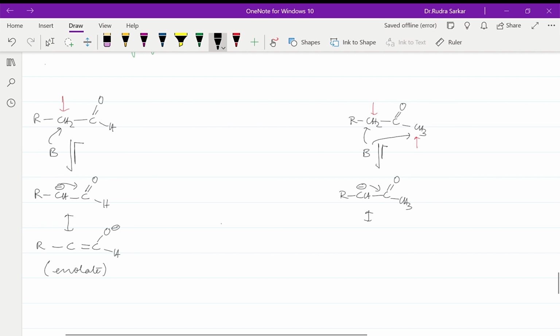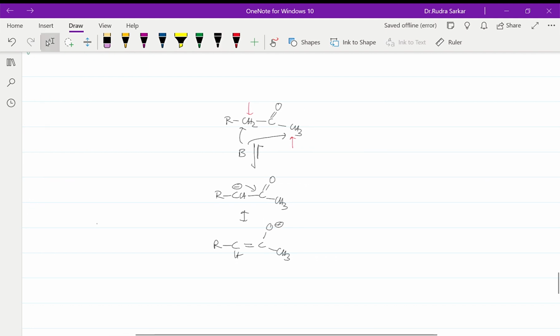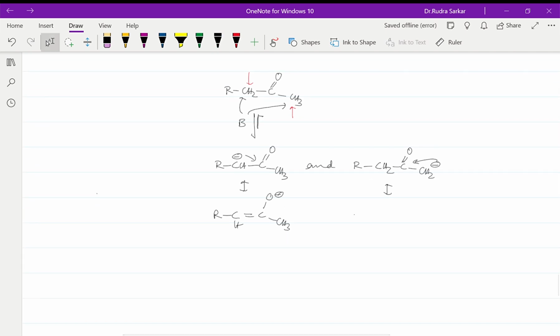So we have the first enolate from the ketone, which is like this, and there can be another enolate when deprotonation takes place at the other alpha position. So this is your other enolate. Now, which one will be formed as major or minor? We will discuss these things in the next part of the lecture.